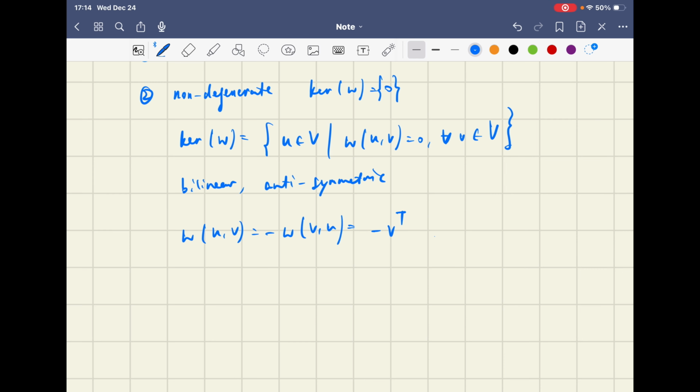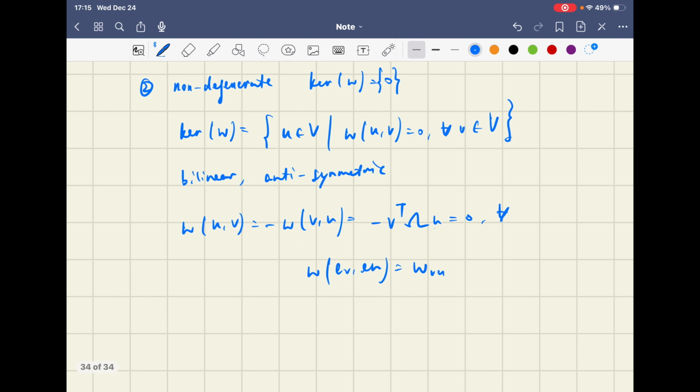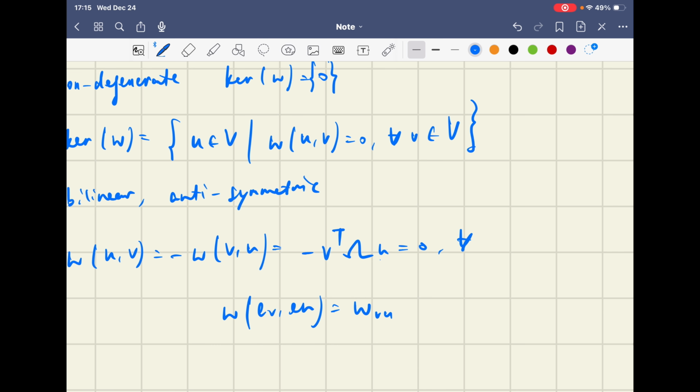Negative V transpose, and omega is the matrix obtained by applying the basis of U and V in that space to omega, like e_V and e_U, and we call that matrix omega, and negative V transpose omega U is going to be 0 for any V in that space.